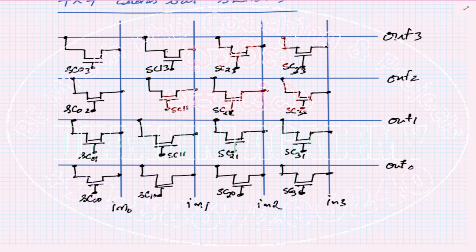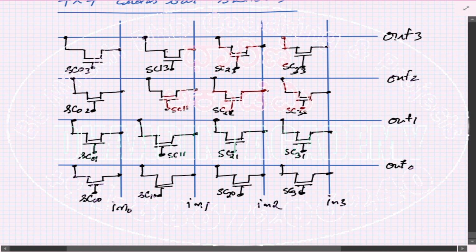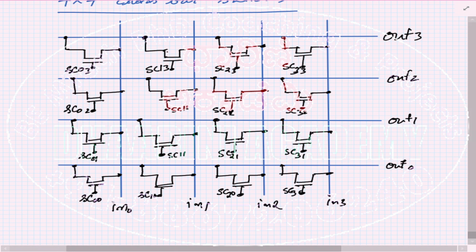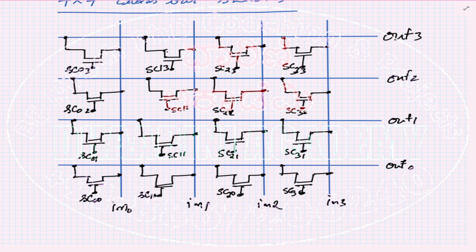Okay, so I can see that we have a combination of select lines available so that you can perform the different required operations. The in lines carry the input data and the out lines will carry the output data.